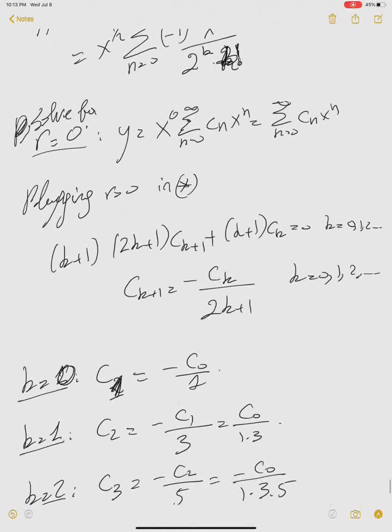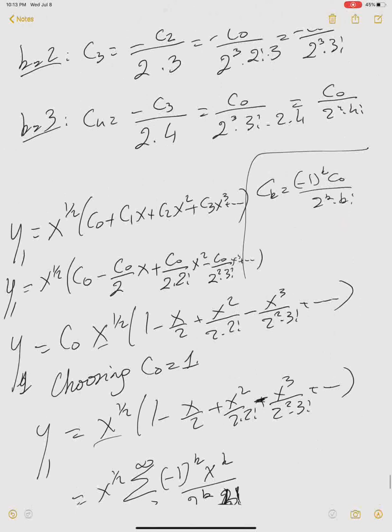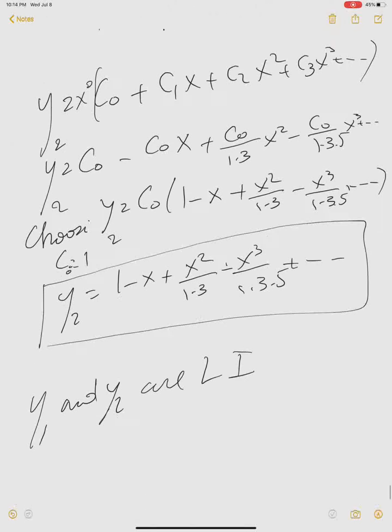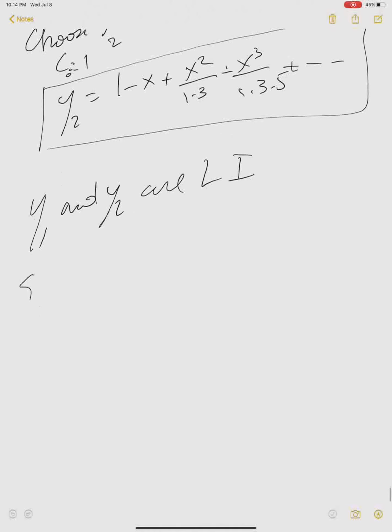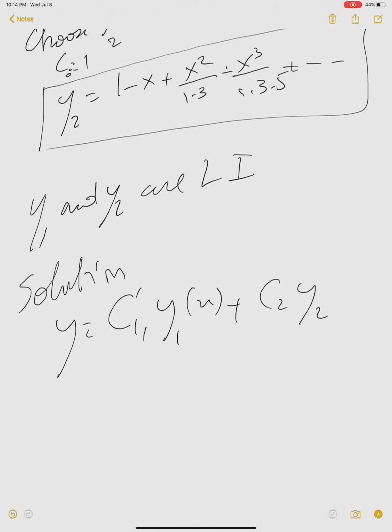Why is that? Because you can't multiply something that has x^(1/2) by a constant and get something that doesn't have x^(1/2). So the solution is y equals c_1 y_1(x) plus c_2 y_2(x).